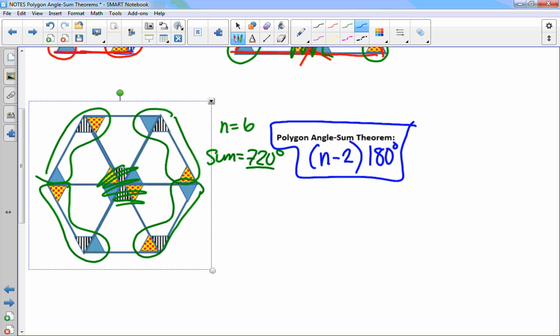I stopped at a hexagon. We could have gone to, what comes after a hexagon? What's a 7-sided called? Heptagon. What's an 8-sided? Octagon. 9-sided, nonagon. Pentagon is 5. 10 is decagon.